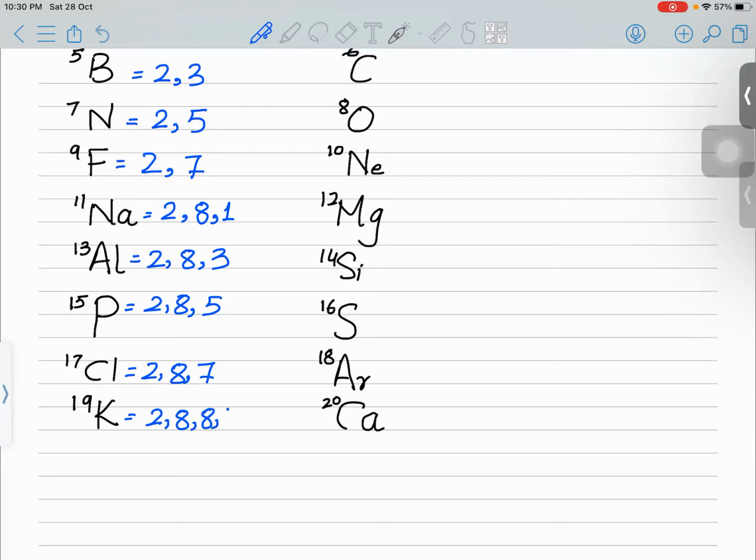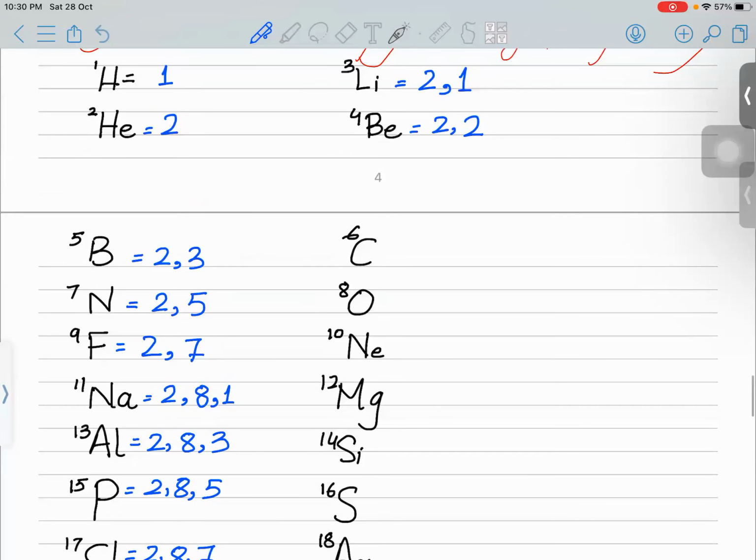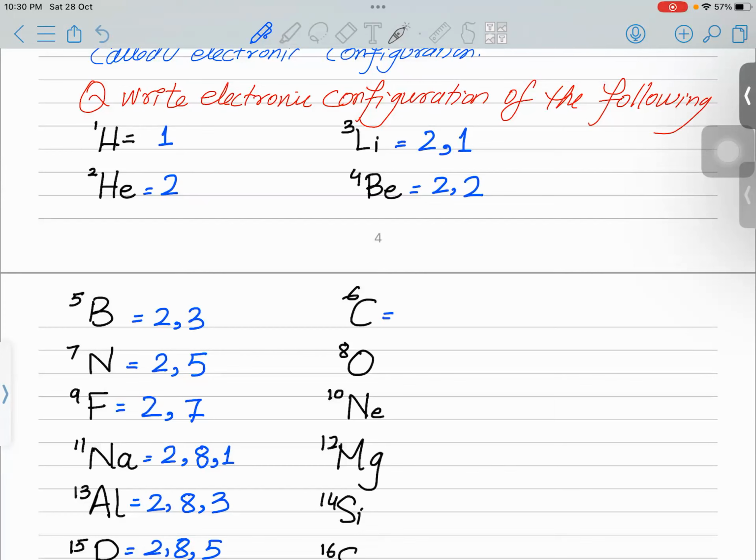Very, very good. Yes, carbon 2,4. Very good. Oxygen 2,6. Neon 2,8. Magnesium 2,8,2.